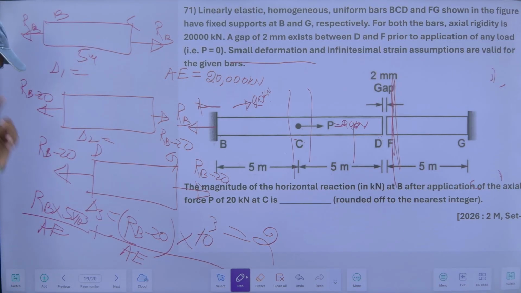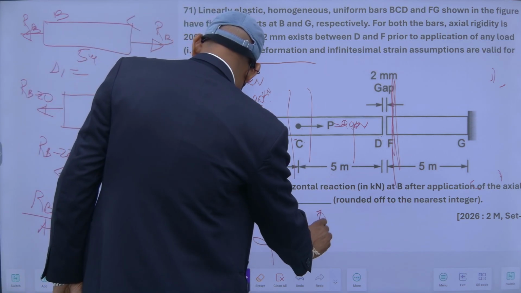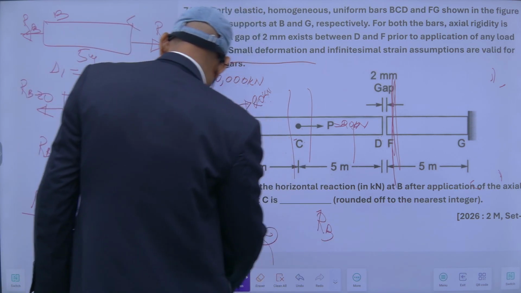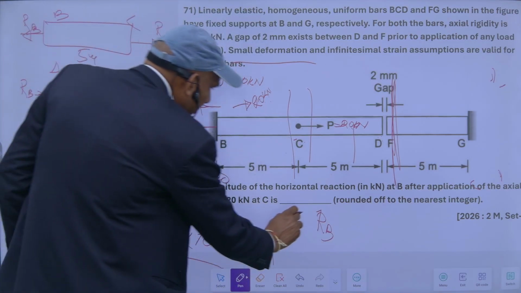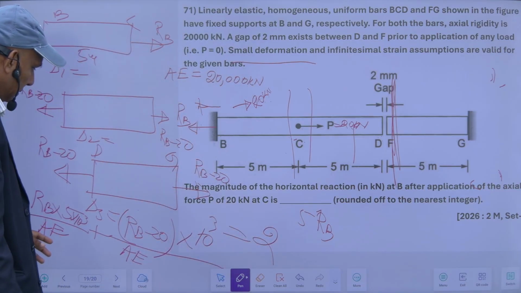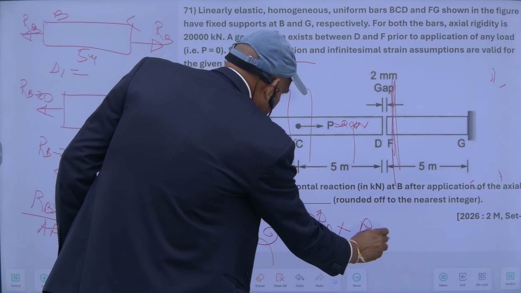So this will give RB into 5 plus RB minus 20.